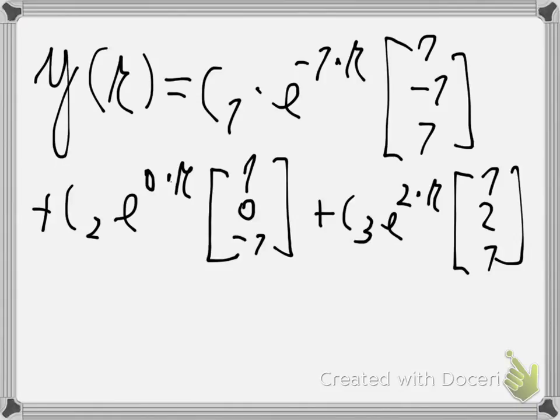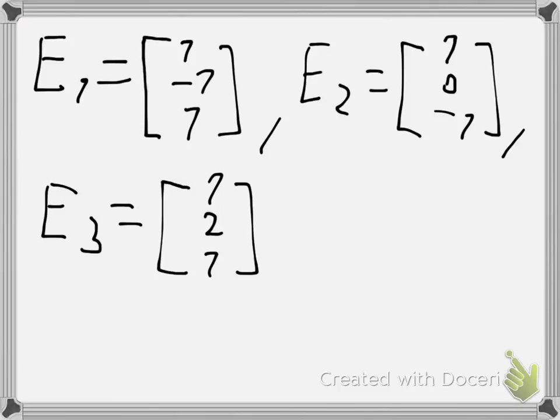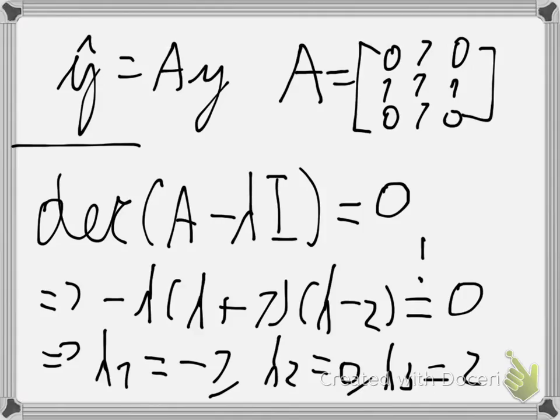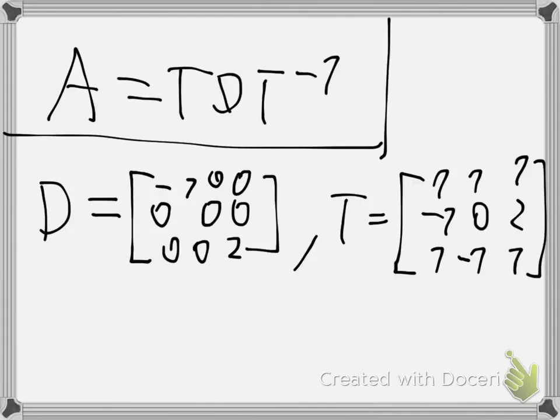So what you do first is find your matrix. Here it's already given. Then you find the eigenvalues and the eigenvectors associated to these eigenvalues. Then you write A in the form T times D times T inverse, which is the diagonalization of that matrix.